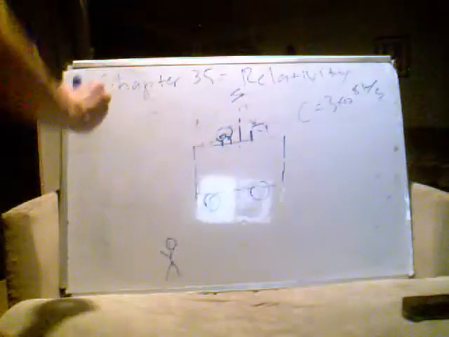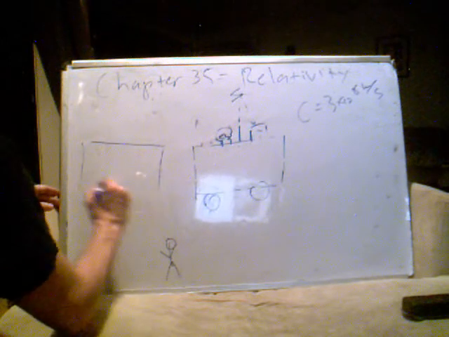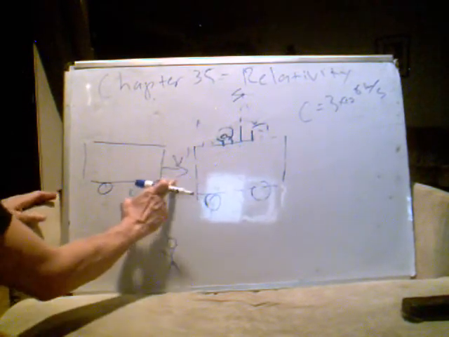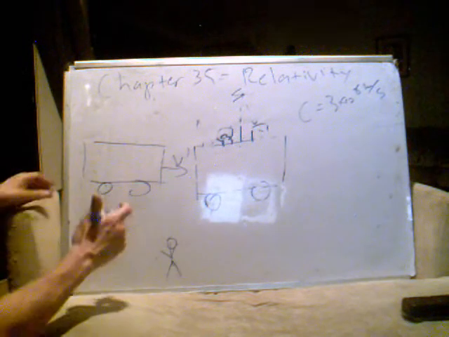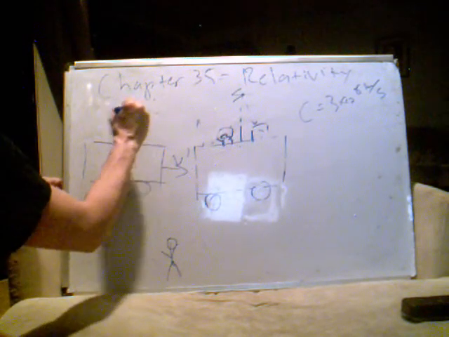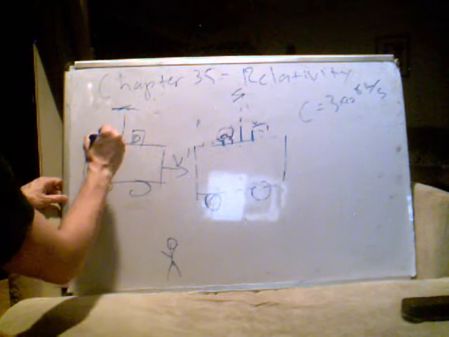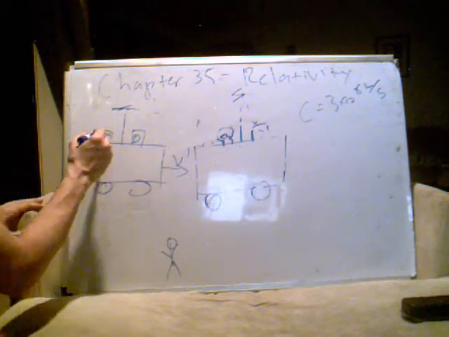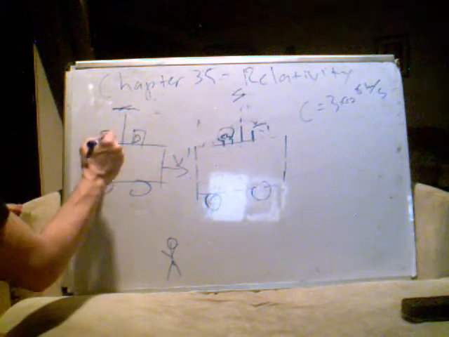So the train is going to start here, let's say. And this train is moving very fast, some kind of relativistic velocity, some significant portion of the speed of light. It's going to start here. Here's our friend the mirror. Here's the detector. Here's the filaments. This is our light bulb. And here, the light is getting generated.